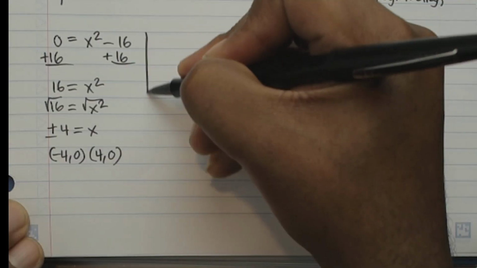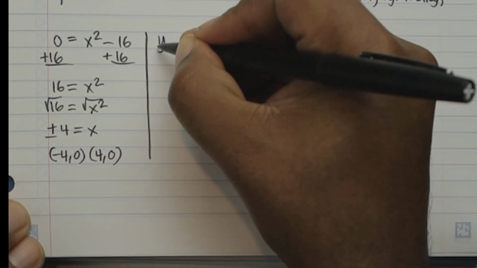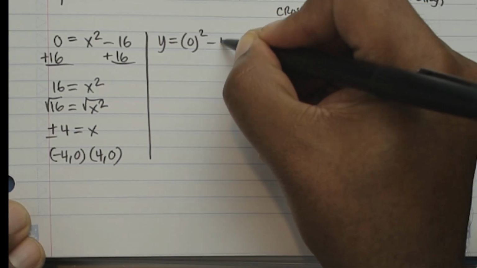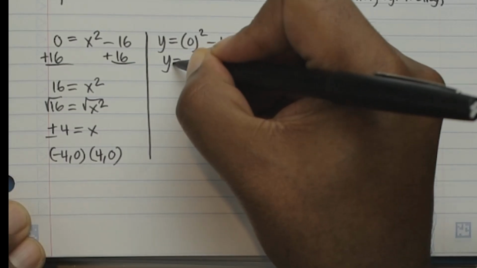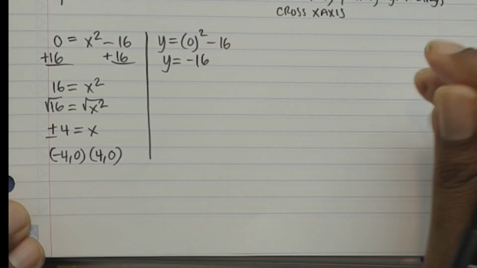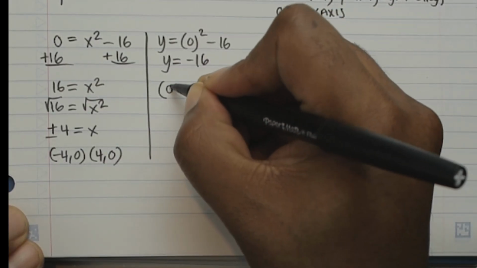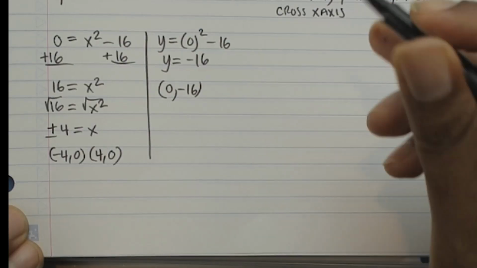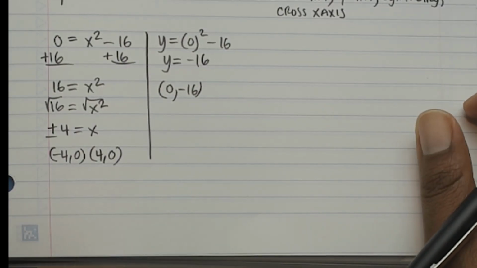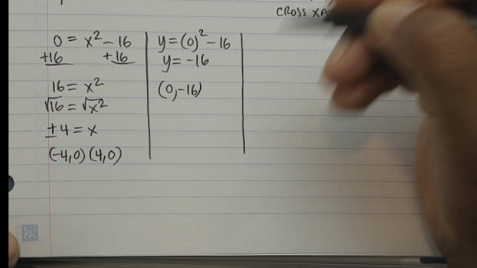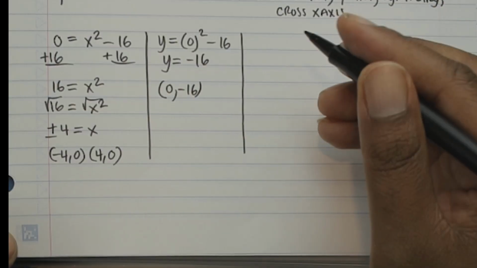And then for the y-intercept, we have 0 squared minus 16, so y equals negative 16. Therefore, the y-intercept is (0, -16). For symmetry, we're going to replace x with negative x.